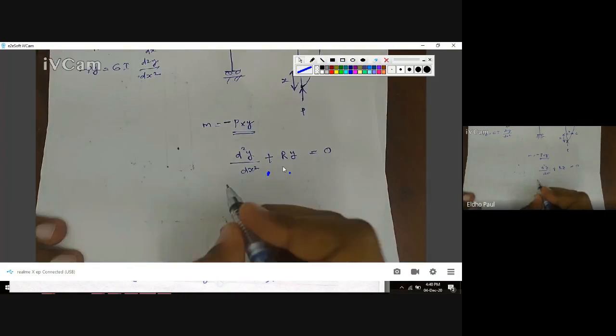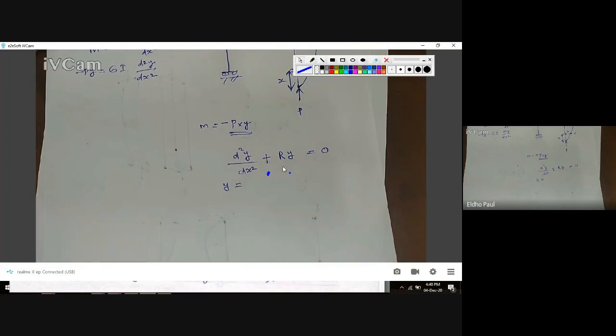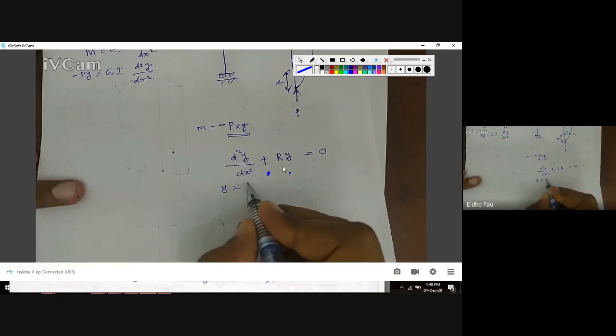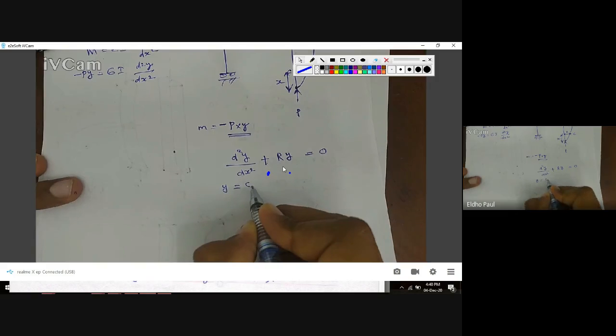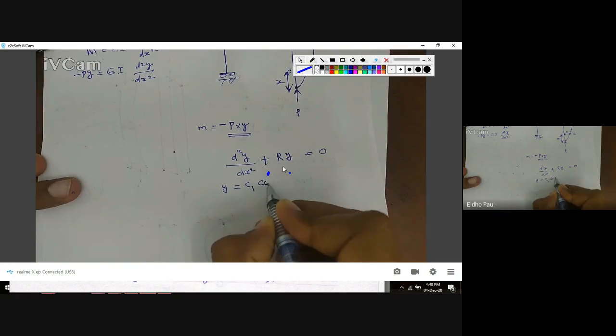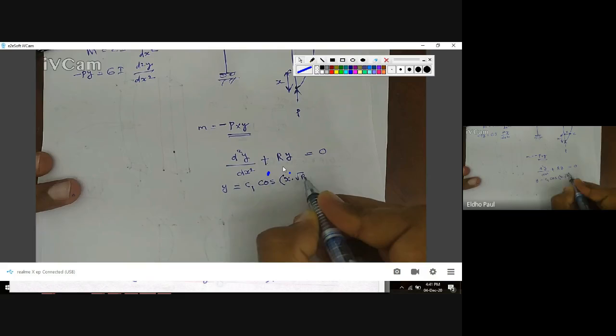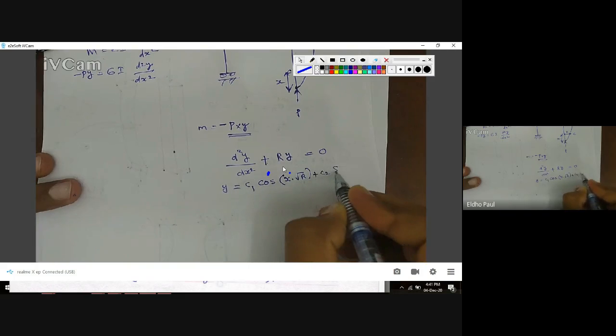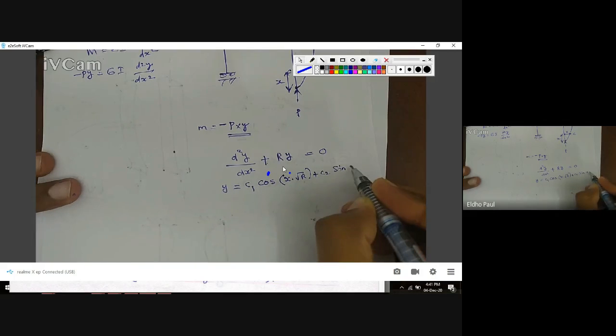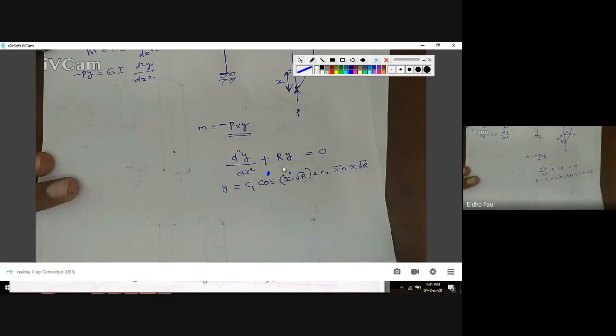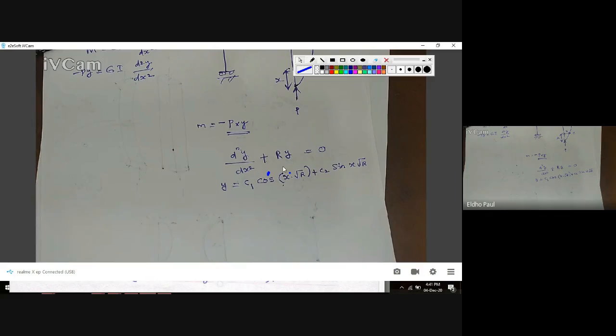Y equal to c1 cos x into root r plus c2 sin x into root r. That is the solution of this differential equation.